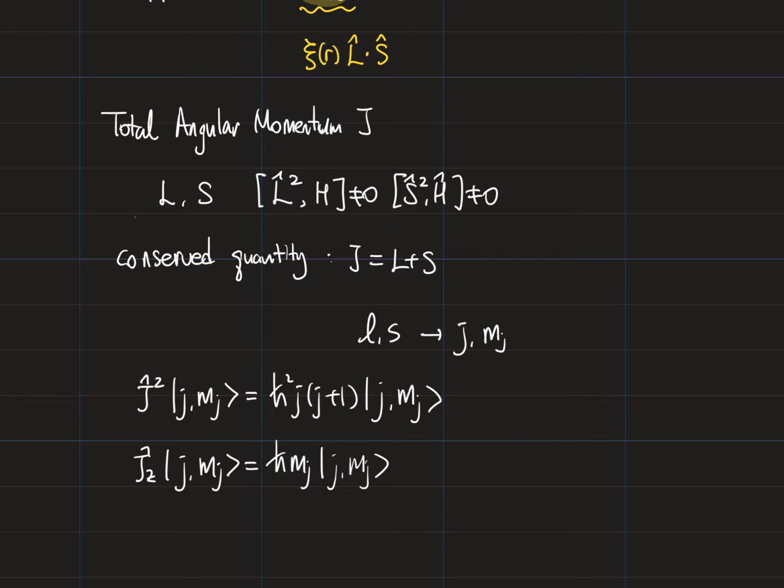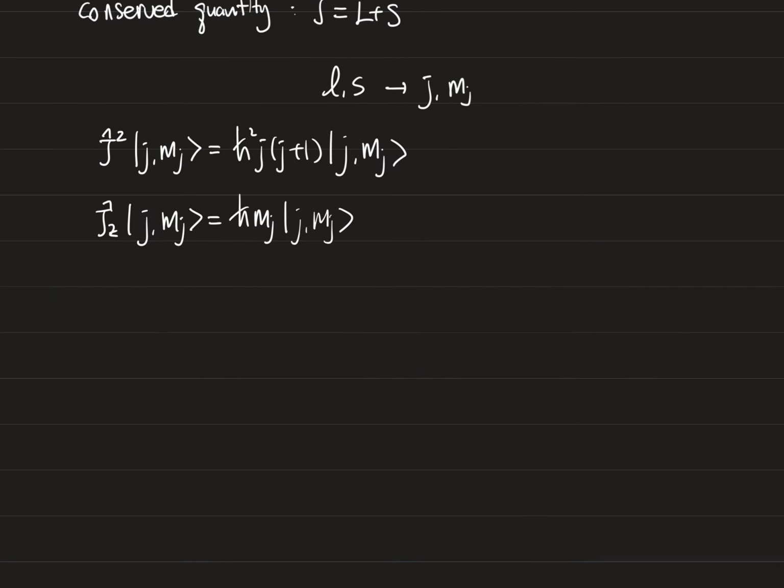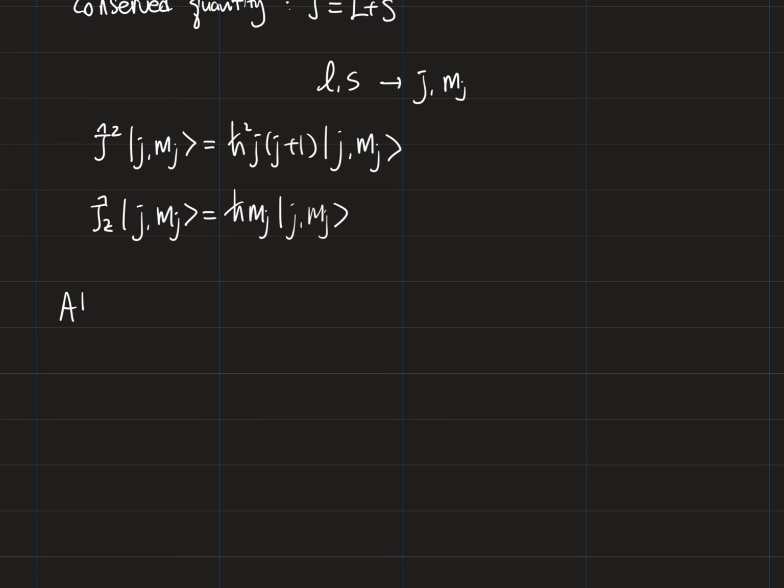Then how do we calculate the possible values for J? For the addition of the two momenta L and S, we use the rule of vector addition.